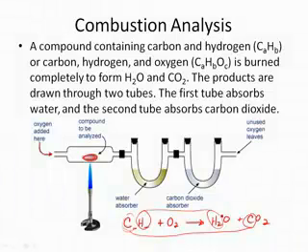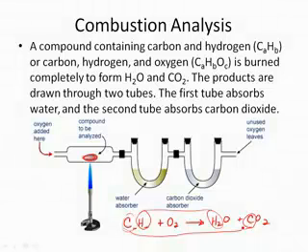And so if we know how much water was produced, I can go either through a factor label calc or through a percent composition calc. I can find out how much hydrogen was in the original compound based on how much water was produced. Same thing with the carbon. I can look at how much CO2 was produced and determine from that how much carbon was in the original compound.